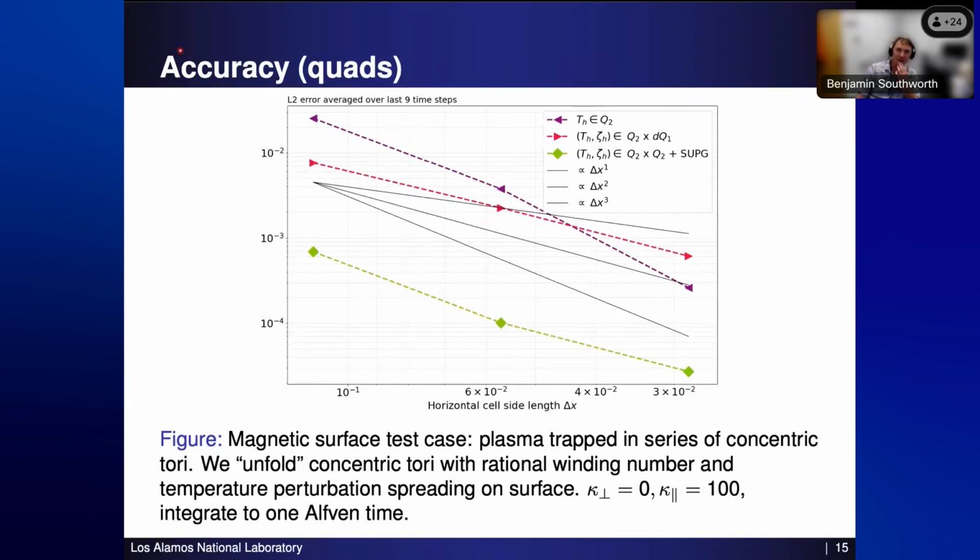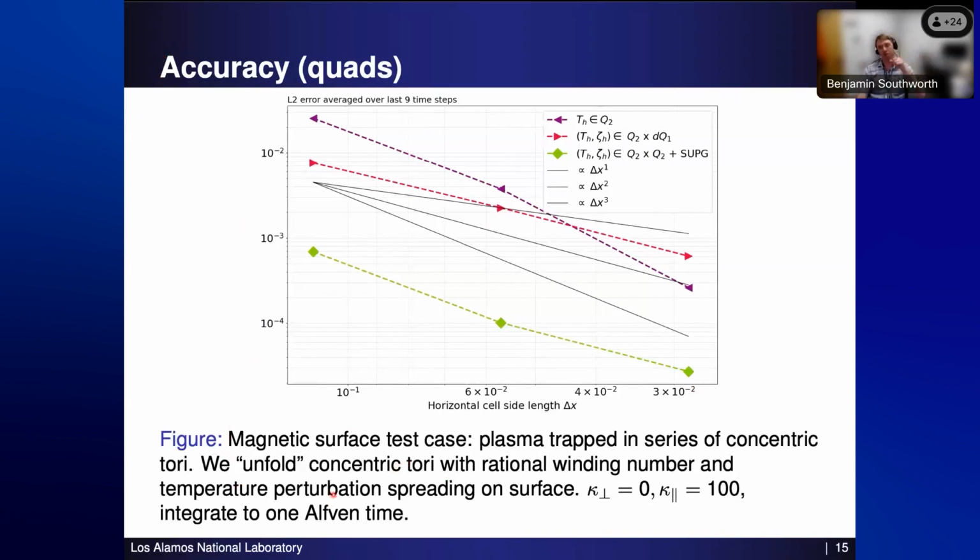Okay, and so again, we have a new test case here. It's a little bit different. Here we have what we call a magnetic surface test case. So in magnetic confinement fusion, plasma gets trapped in these series of concentric tori going around. And so what we do is we unfold all these into a 2D surface and make it periodic.